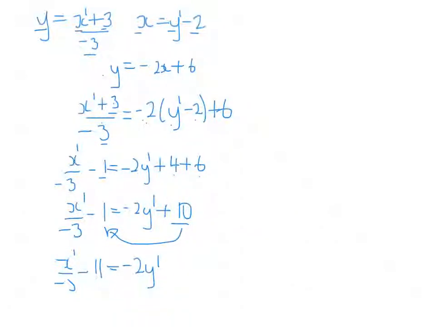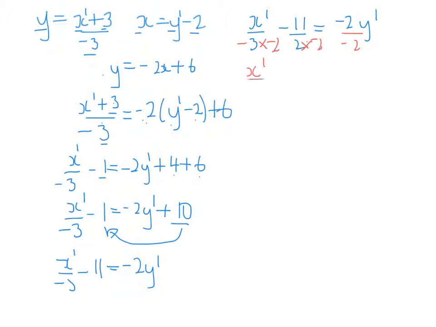Now if I divide both sides by negative 2, so I have x dashed over -3 minus 11 equal to -2y, and I divide both sides by negative 2, and that was a negative there as well.